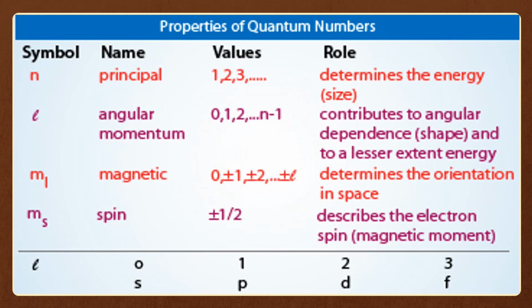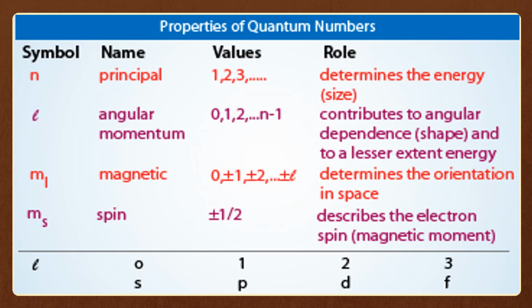So in conclusion, the principal quantum number n defines the shell, and determines the size and the energy of the orbital. There are n subshells in the nth shell. The azimuthal quantum number L identifies the subshell, determines the shape of the orbital, and also determines the energy of the orbital in some multi-electron atoms. There are 2L plus 1 orbitals of each type in a subshell.